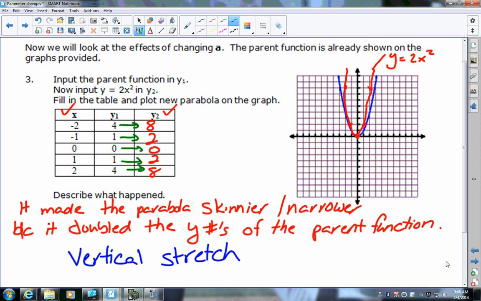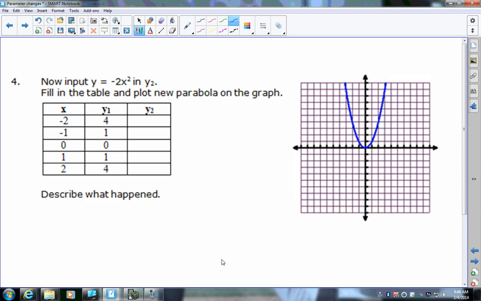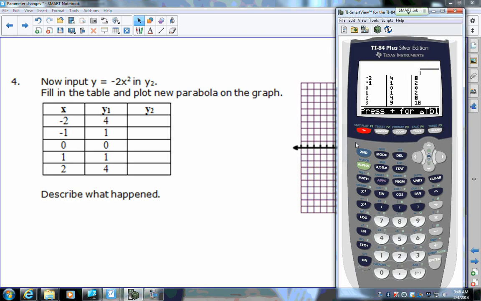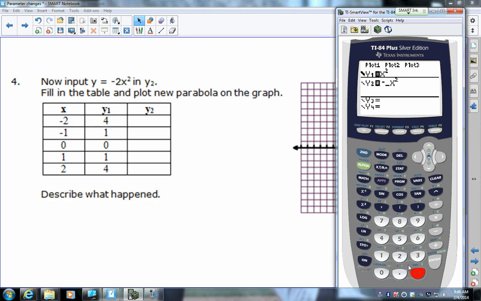All right, so on number 4, right here, what did they ask us to put in there now? Negative 2x squared. So let's go into the calculator into y equals. Let's go down here and I'm going to put negative 2x squared. And when I press graph, when I look at this, what happened?